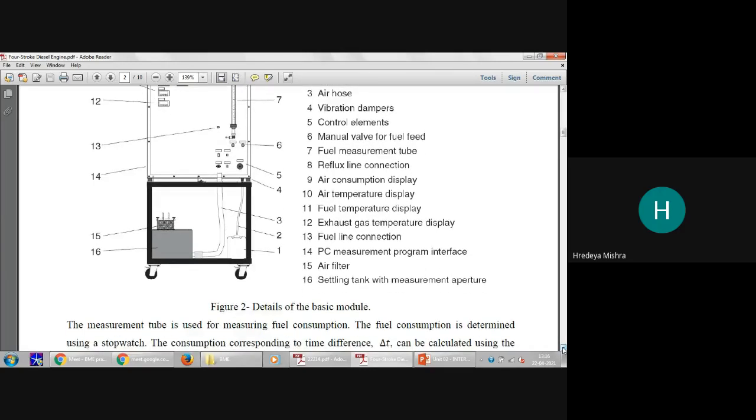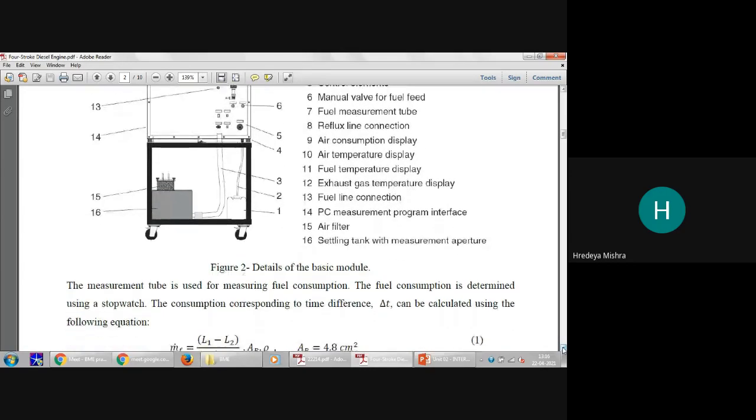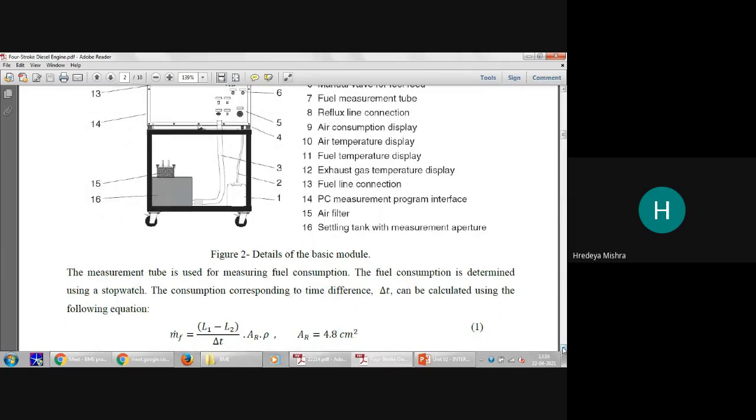Now see, the measurement tube is used for measuring the fuel consumption. The fuel consumed is determined using a stopwatch.